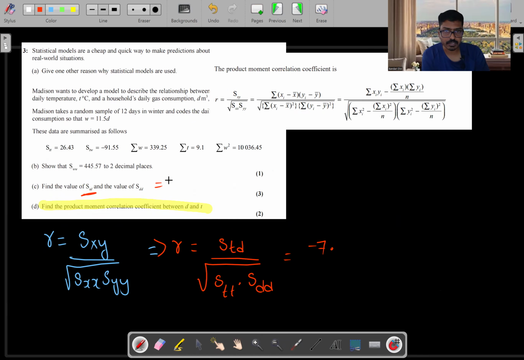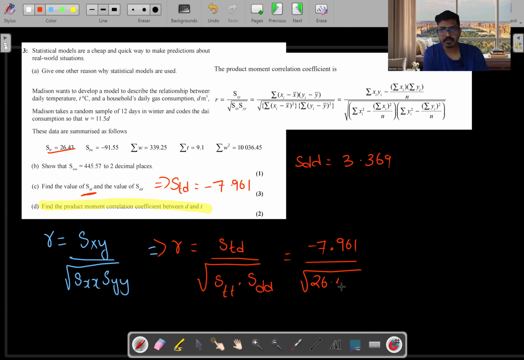The answer for that part, STD, is minus 7.961, and for SDD we got 3.369. So we put STD, minus 7.961, upon square root of STT, which is already given as 26.43, multiplied with our SDD value, 3.369. If I calculate it using the calculator, our R value is going to be minus 0.849.